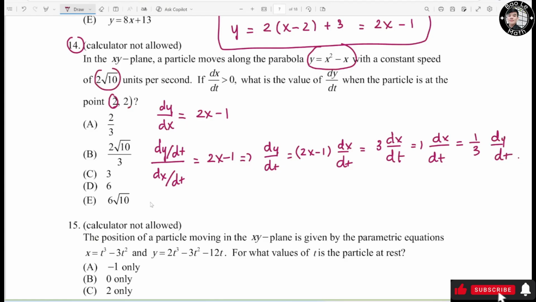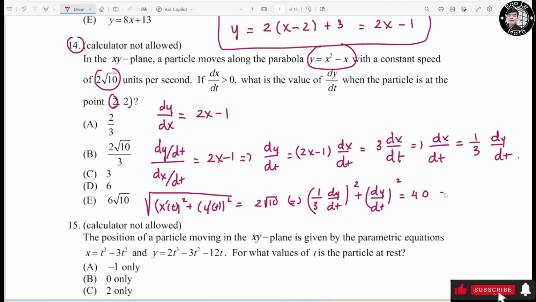So the speed is the square root of s prime of t altogether squared plus y prime of t altogether squared equals 2 square root 10, right? Now we're going to square both sides and substitute ds over dt and dy over dt over here, right?